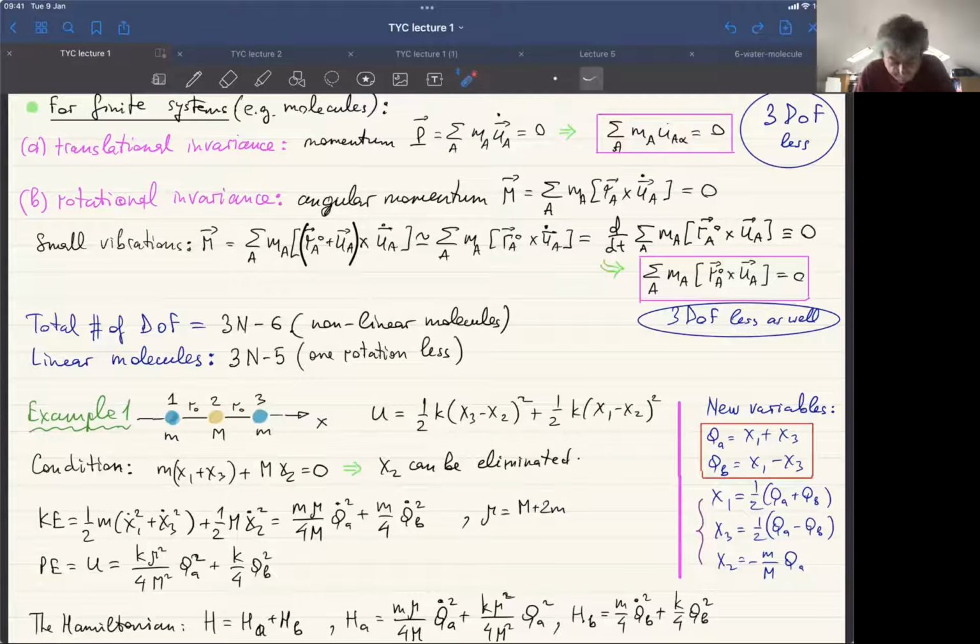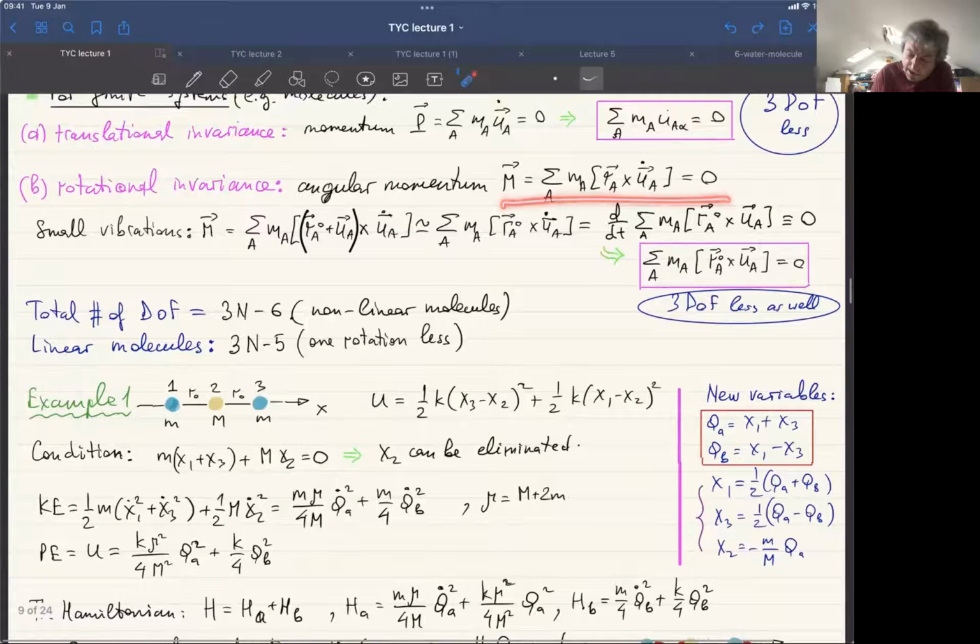In terms of rotational invariance, one can require that the angular momentum of the system is 0. The angular momentum contains the actual positions of atoms and their actual velocities. Actual positions are given by positions at equilibrium, R naught, plus a displacement.